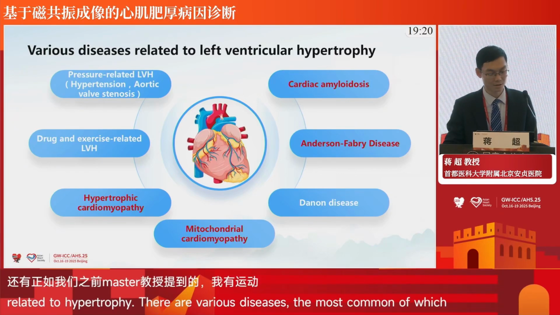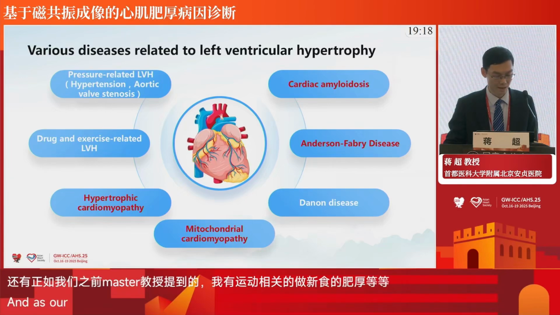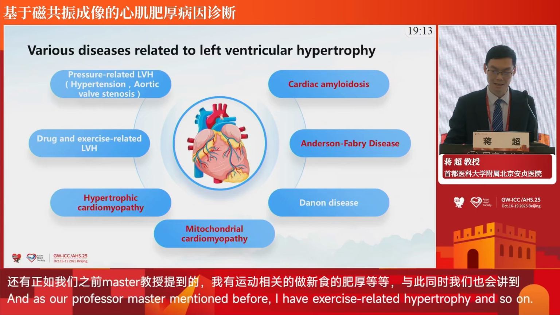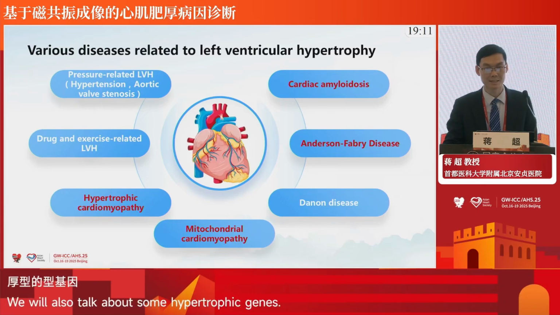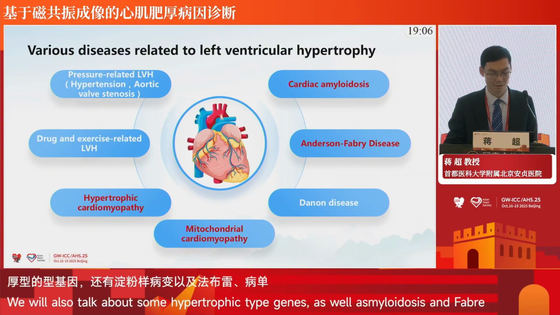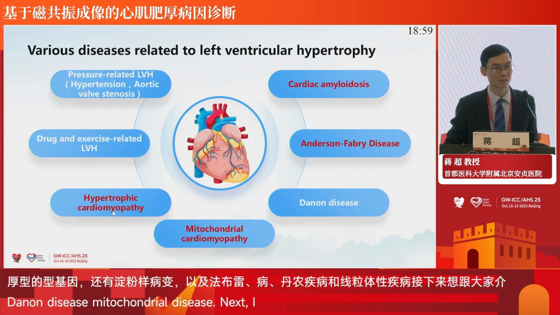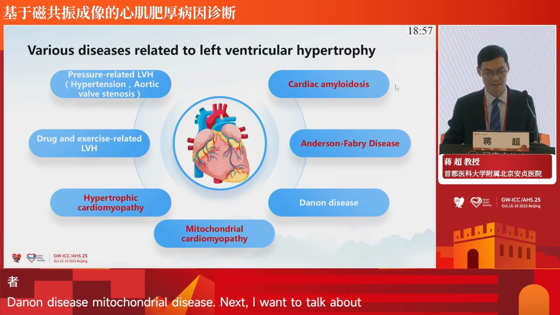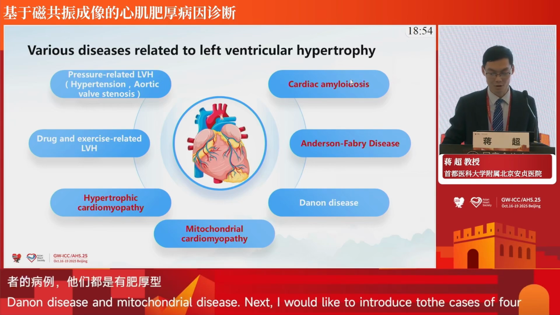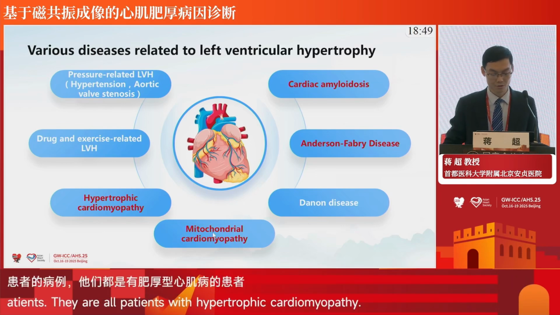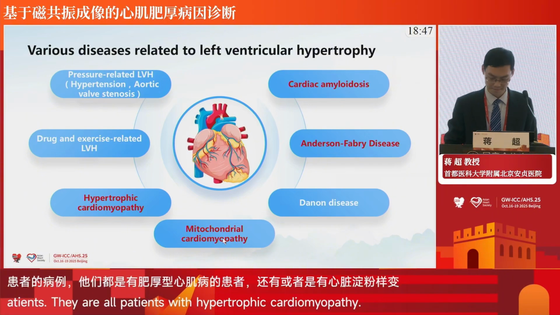And also we will talk about hypertrophic cardiomyopathy, cardiac amyloidosis, Fabry disease, Danon disease and mitochondrial cardiomyopathy. Next, I will introduce 4 cases about hypertrophic cardiomyopathy, cardiac amyloidosis, Fabry disease and mitochondrial cardiomyopathy.